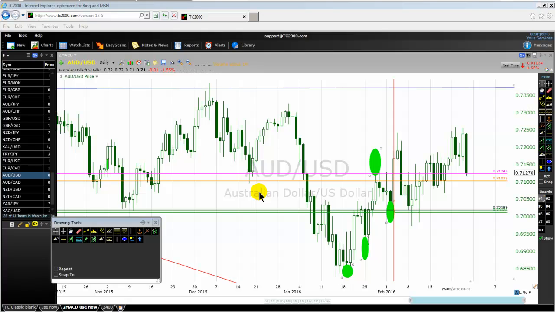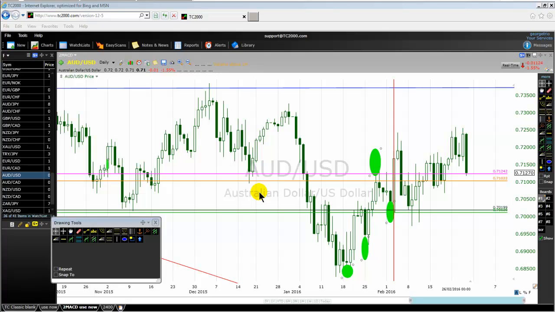The long-term equilibrium price level is valid throughout 1 year, throughout 2016 in this case, but the short-term equilibrium price level is dynamic, is changing constantly, and will remain in place for 2 weeks or so. Every other 2 weeks, very often, we will have a new short-term equilibrium price level.